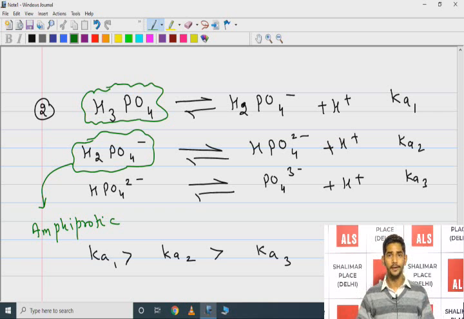Obviously not, because a substance which can donate as well as accept H plus ions can't behave only as an acid. So in comparison of Ka1 and Ka2, in Ka2 there is an involvement of ions which can behave as a base as well, which reduces its acidic properties. That's why Ka2 has a lower value compared with Ka1, and Ka3 will always be lower than Ka2. So this is the actual reason.